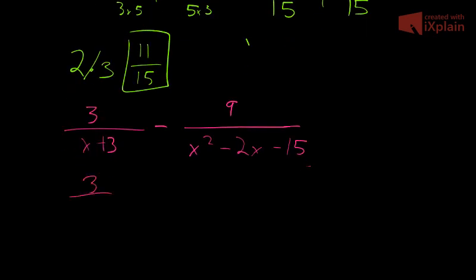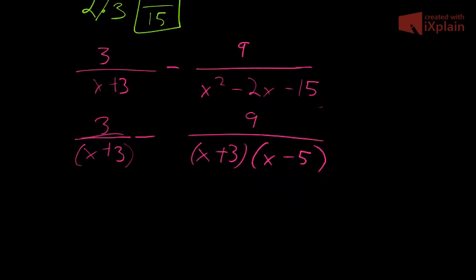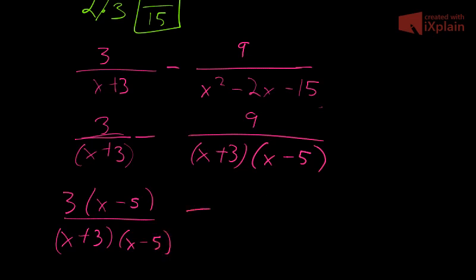So I'm going to have 3 over x plus 3 minus 9 over, and I said this is x plus 3 times x minus 5. So to get a common denominator here, all I'm going to have to do is to multiply this one right there by x minus 5, which is going to be 3 times (x minus 5) over (x plus 3)(x minus 5) minus 9 over (x plus 3)(x minus 5).